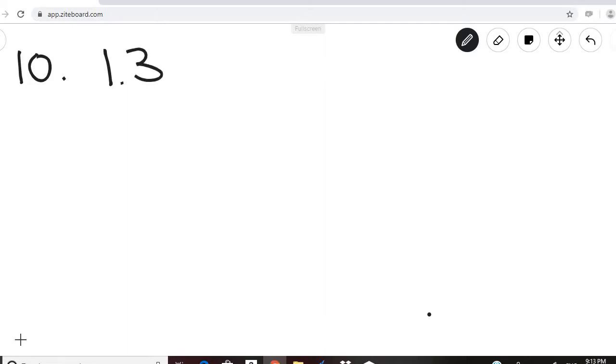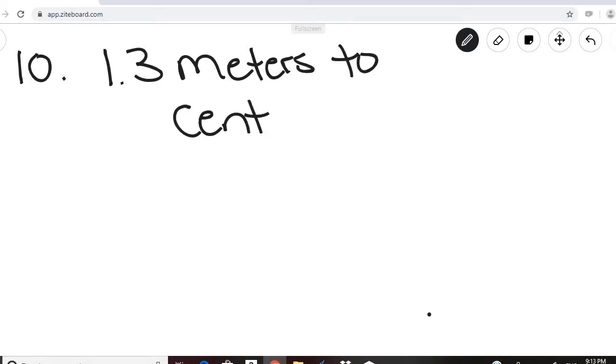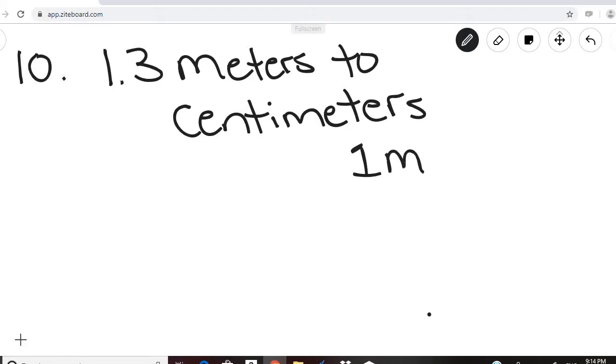Okay, so we're going to convert 1.3 meters to centimeters. The first thing that you need to know is that 1 meter is equal to 100 centimeters.